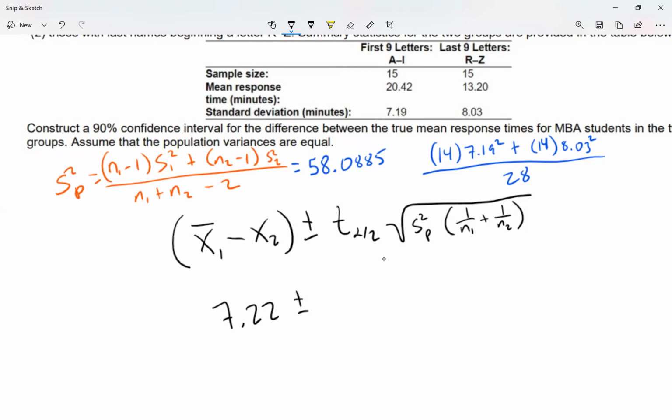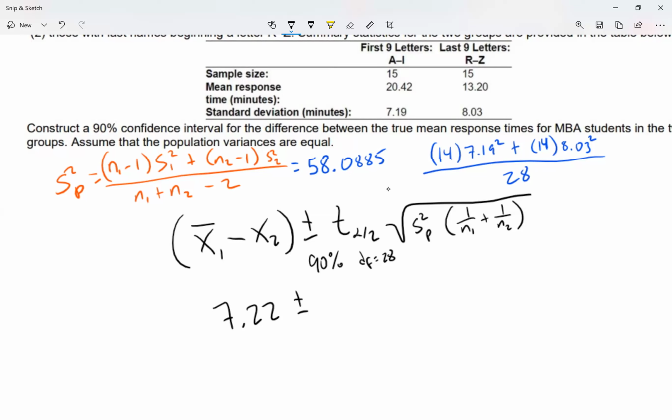I'm looking at a 90 percent, 90%, and my degrees of freedom are 28. How did I get degrees of freedom 28? They were 15 on each. You remember I have to subtract 1 for each. So 15 minus 1, 15 minus 1. So combined is 28. So 90%, and my degrees of freedom are 28.